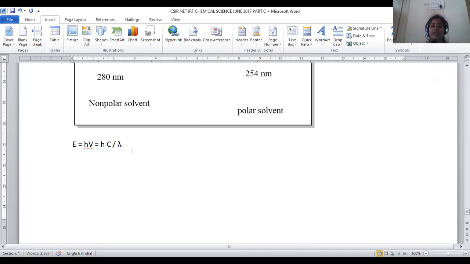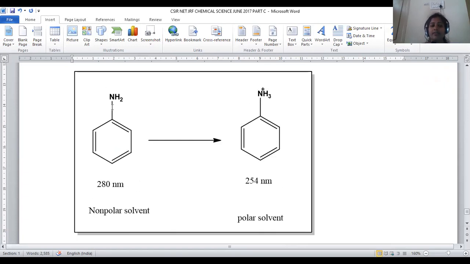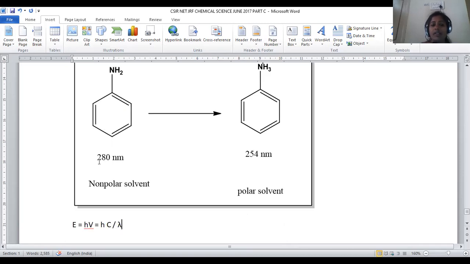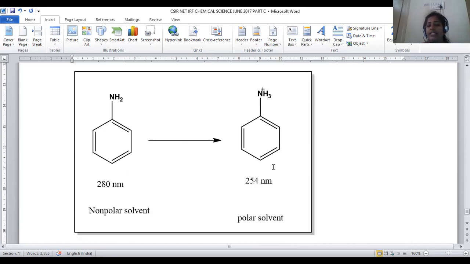That means as the energy rises, the wavelength value will be lowered. So in the case of this free amine functional group, the lone pair of electrons are more easily excited, so the energy gap is very small, the energy requirement is very small. So its wavelength value is obviously higher because E is inversely proportional to wavelength, right? That's why its wavelength value is high. Okay, so 280 nanometers.